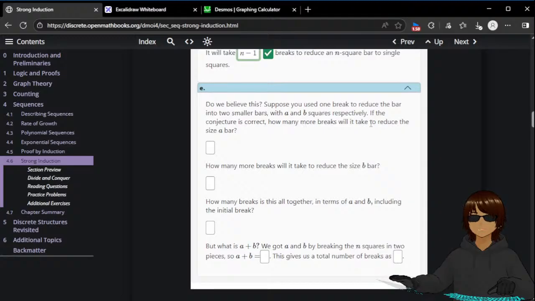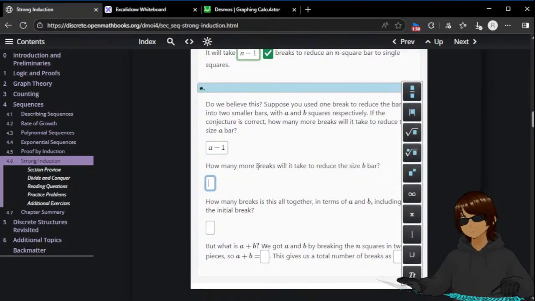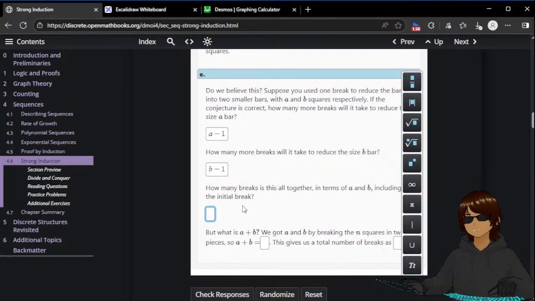How many more breaks will it take to reduce the size A bar? A minus 1. Size B bar, B minus 1. How many breaks will this take altogether? A minus 1 plus B minus 1 and then plus 1.